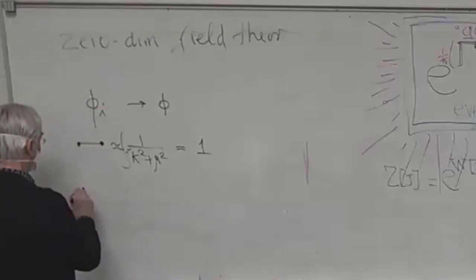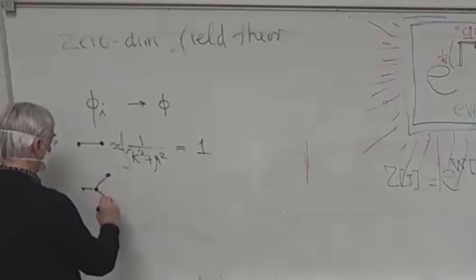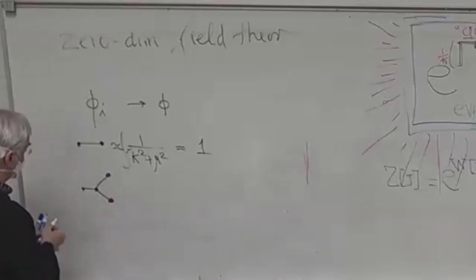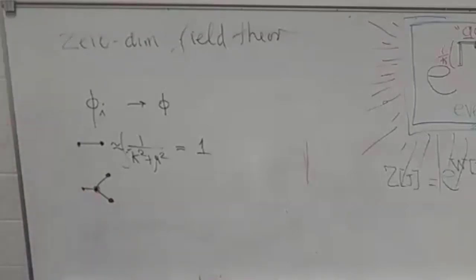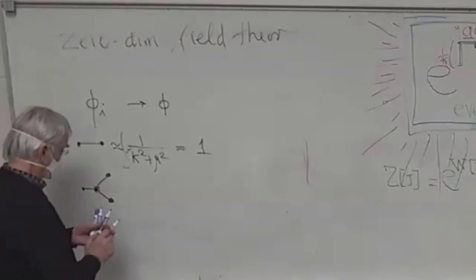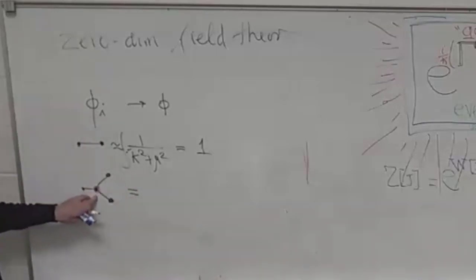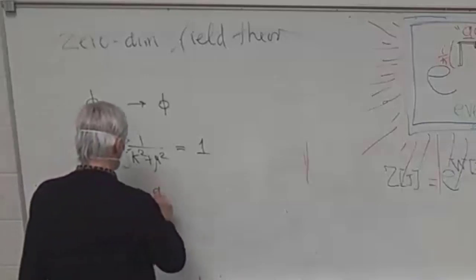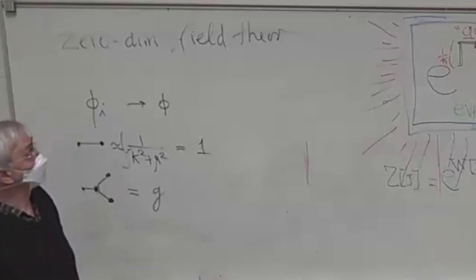When somebody says, I will now wander around and then I'll spew off a child just like me, I'll clone myself, you say, well, I care about how many coupling constants I have. They're supposed to be weak. So let me just call this G. So that means I have a Feynman rule.